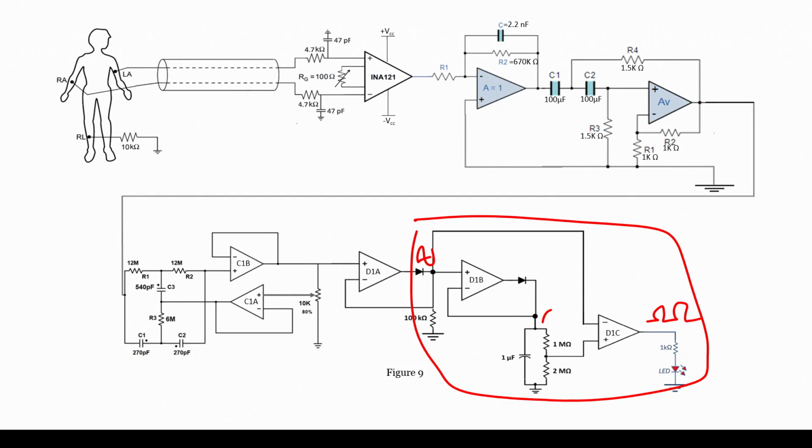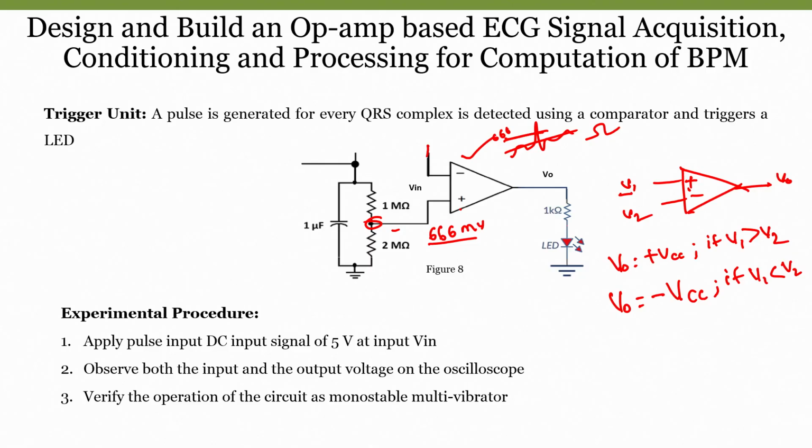Now, when we recall our comparator working, one thing we are sure of is that the output will be higher only when the input signal is greater than this particular value. That is what we have seen in the calculation. To quickly understand that, why don't we take some values? Take a sine wave. Let us say the value is 1 volt. So, I am applying a sine wave of 1 volt and the threshold value is 660 millivolt.